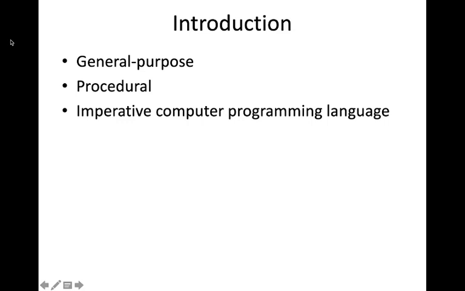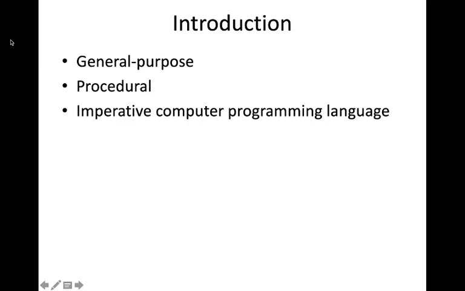So similarly, the C programming language is also considered to be an imperative programming language. That is, we will have some commands, some statements. Based on those statements, the program will change its state.